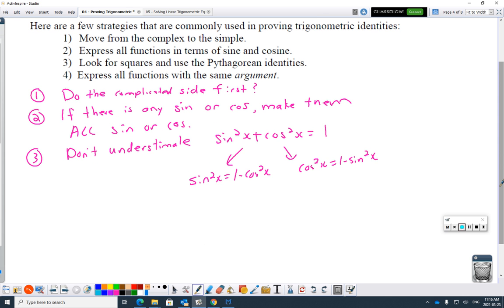The next one says express all functions with the same argument. Well, I've never used that word before, argument. So let me rephrase that.